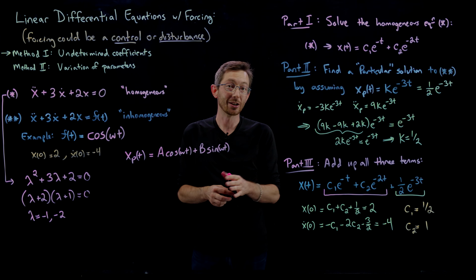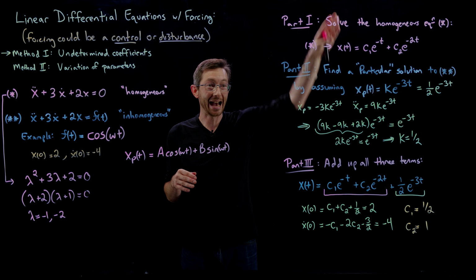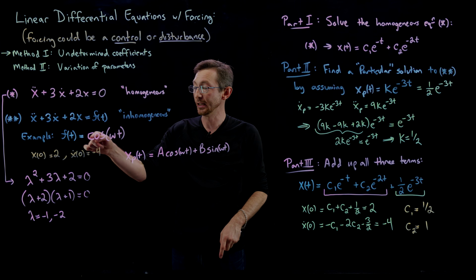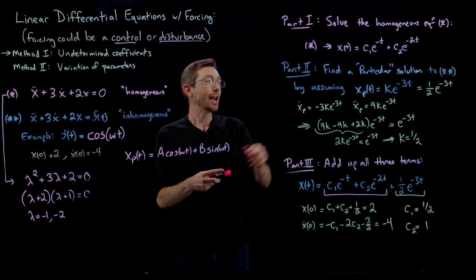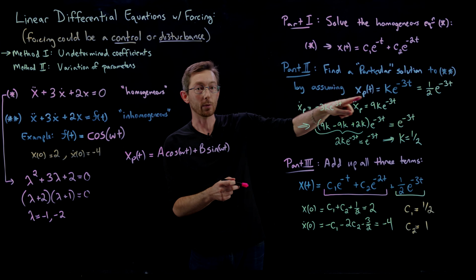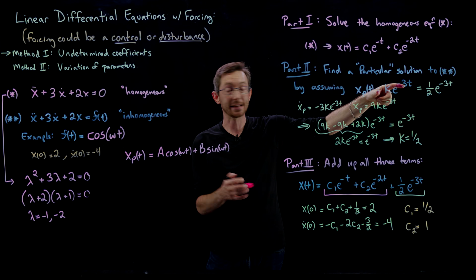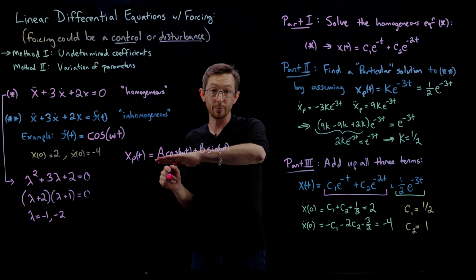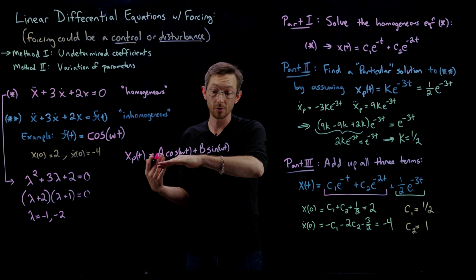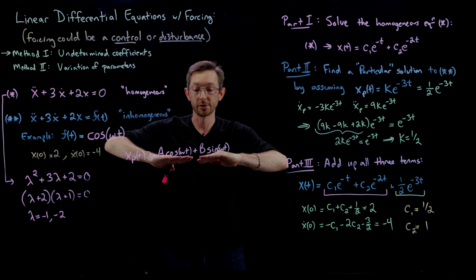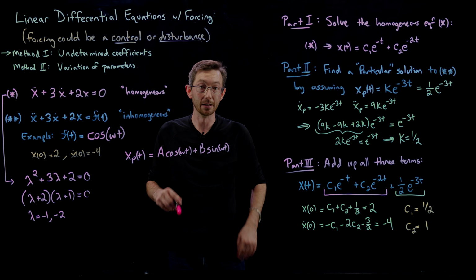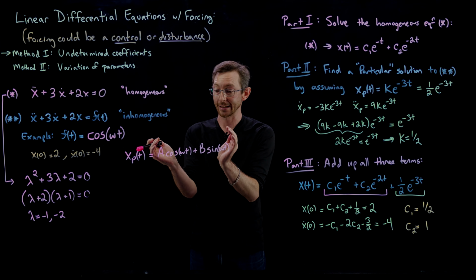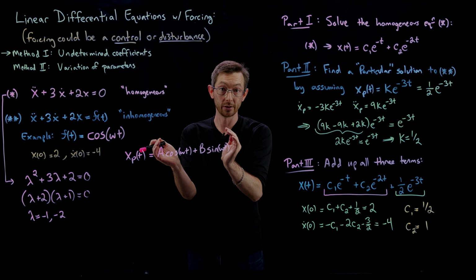So that's a really good exercise for you: do this exact same procedure, but assuming that f of t equals cos omega t. And in this step, where we assume the particular solution has this form, try it out. First off, try it with just a cosine omega t. You'll realize that something goes wrong. And then try it with a cos omega t plus b sine omega t. And then you'll be able to determine that set of particular solutions.